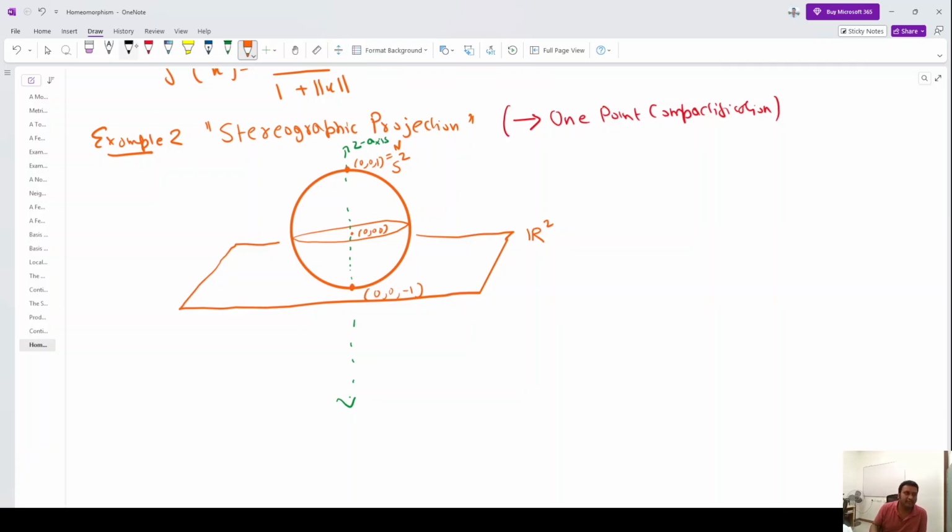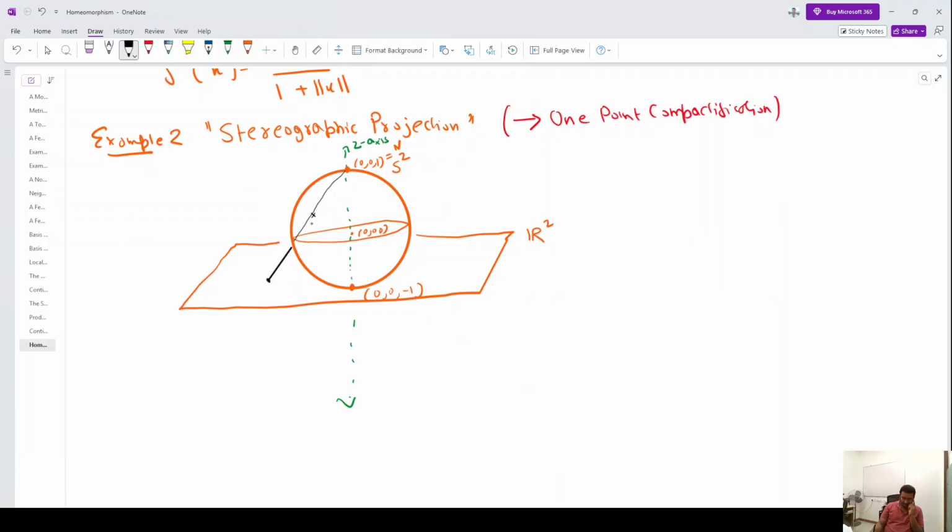I want you to observe one thing. Take any point on the sphere. Say take here. Now, from the North Pole, join this point and emit this ray, and it passes through the R2. So it would be somewhere like here.